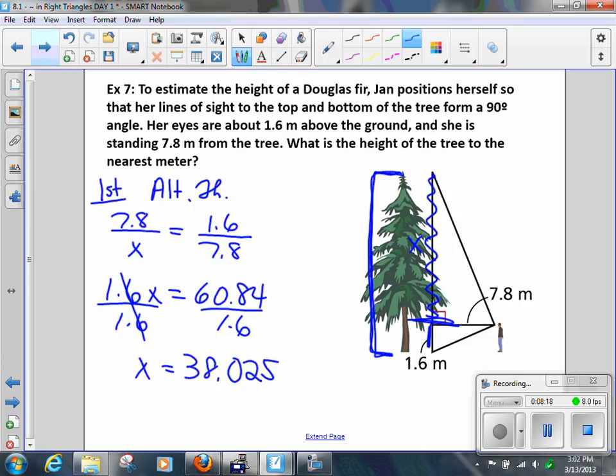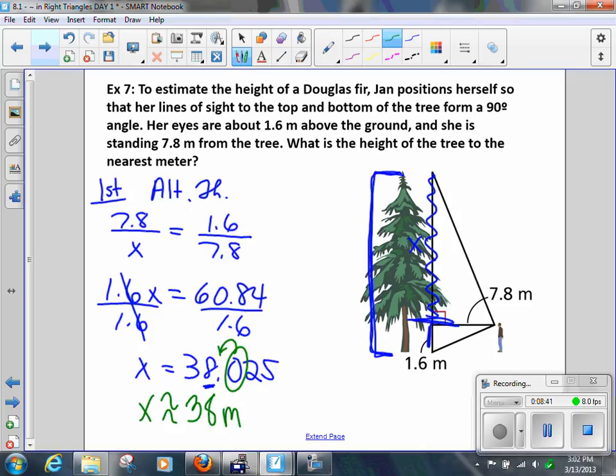And it said to the nearest meter. What's it going to be? This 0 is going to do what to the 8? Absolutely nothing. So it's approximately 38 meters.